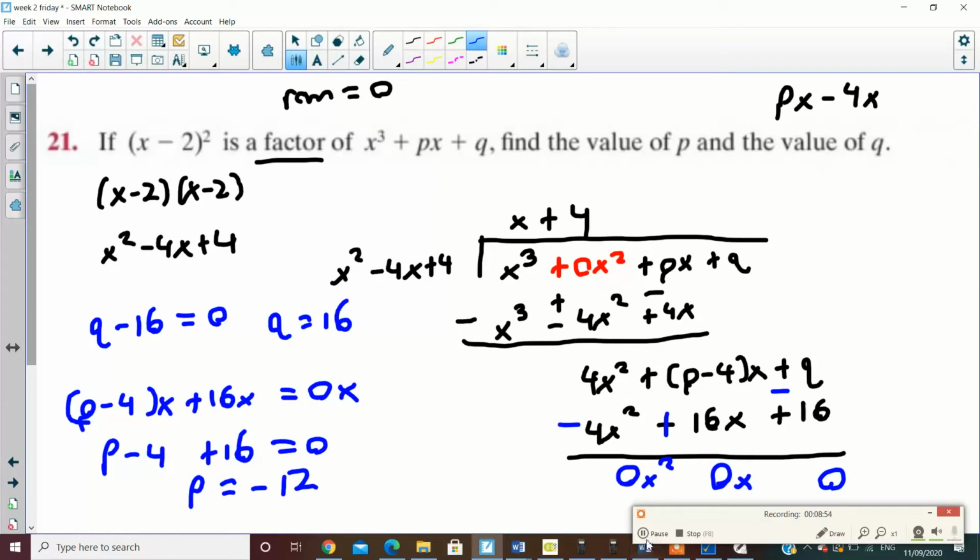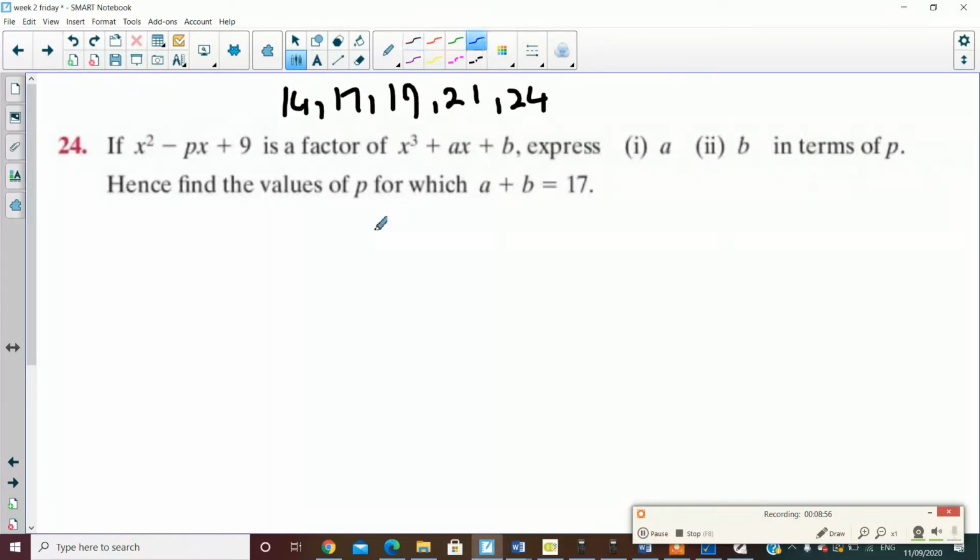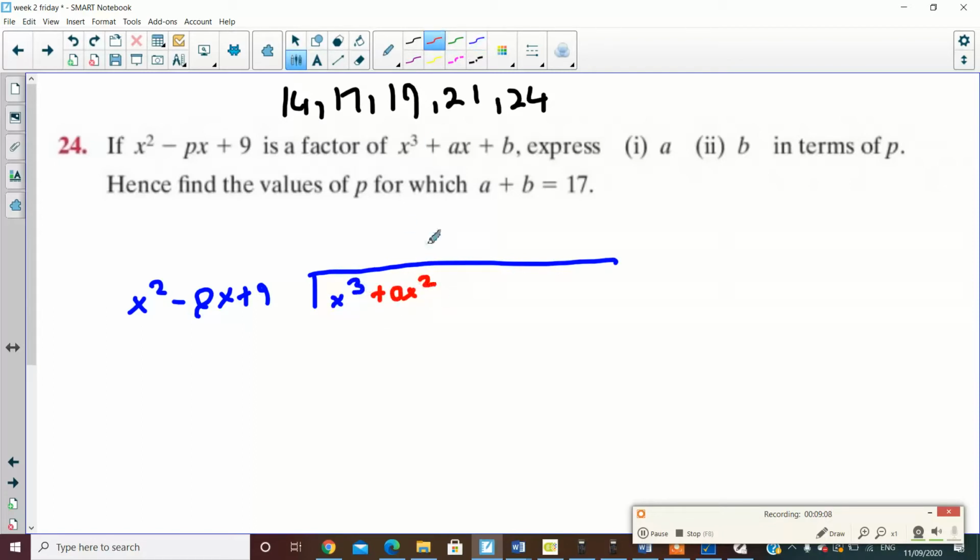Anybody get that one now? Help with this one. Squared minus px plus 9 into x cubed plus 0x squared plus ax plus b.